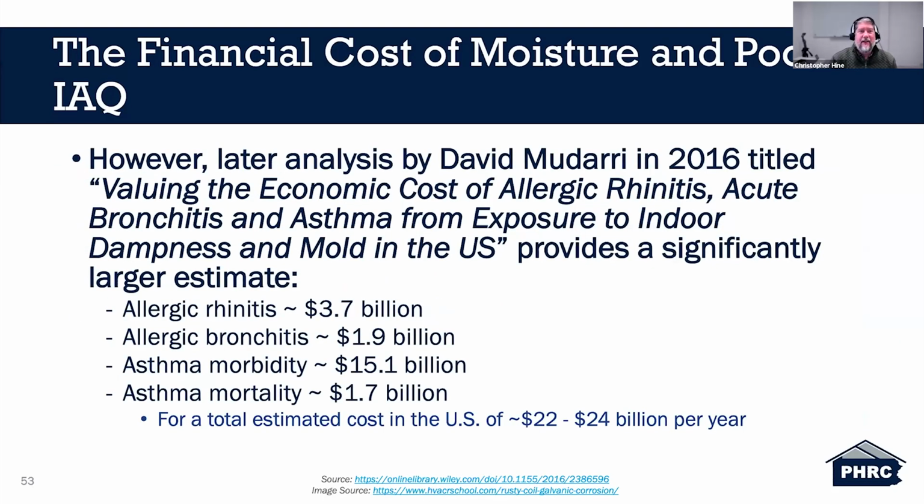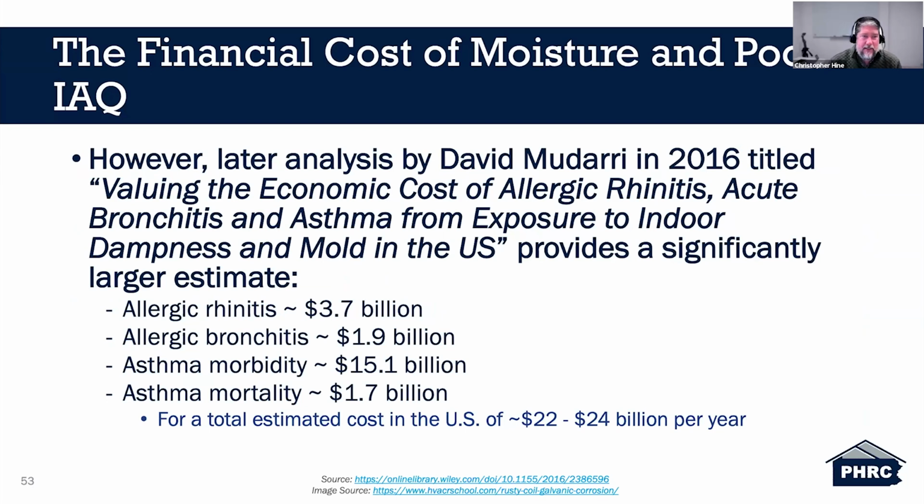However, later analysis done by David Marotti in 2016, in his publication titled Valuing the Economic Cost of Allergic Rhinitis, Acute Bronchitis, and Asthma from Exposure to Indoor Dampness and Mold in the US, that's a long title, provides a significantly larger estimate.